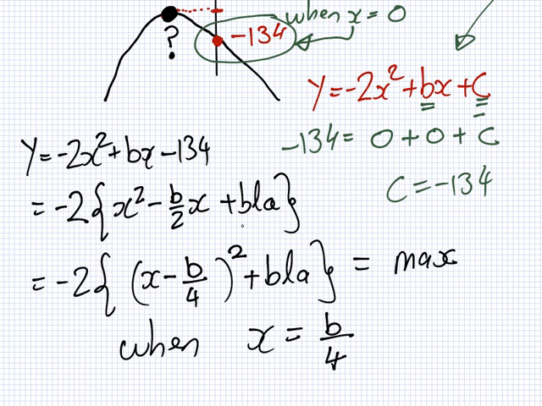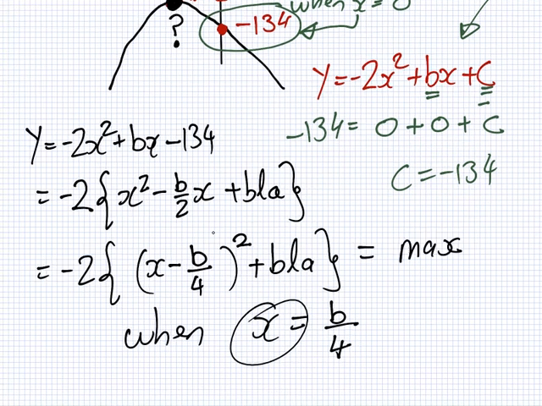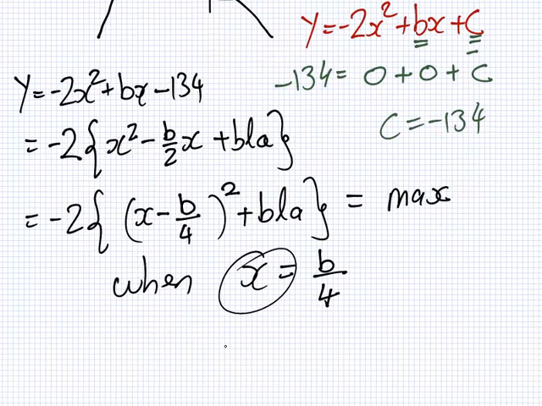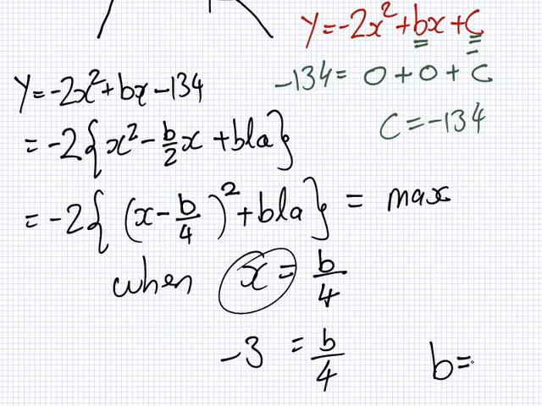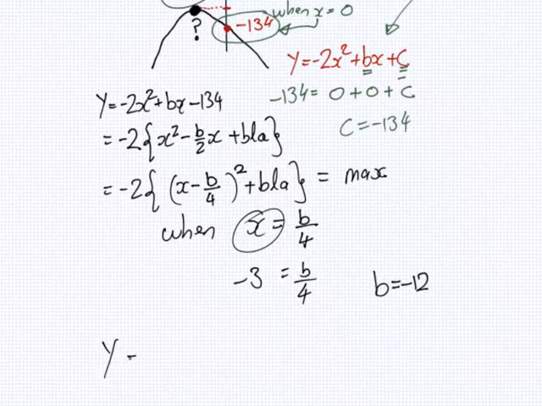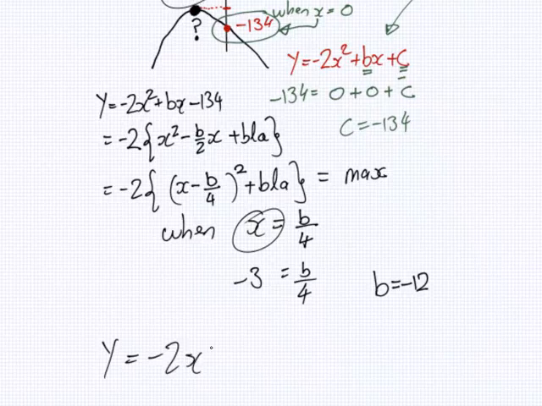Yes. But you know what this is: minus 3. So you have minus 3 equals b over 4. So b equals minus 12. Did anyone get that? Jason? No. So the answer is y equals minus 2x squared minus 12x minus 134.